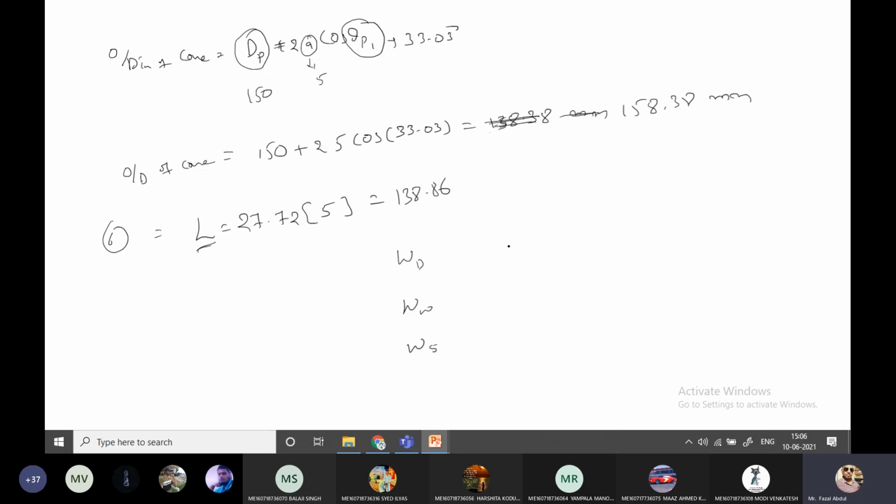Then I compare: wear load and static load should be greater than the dynamic load. Our calculated values satisfy this condition, hence the design is safe.